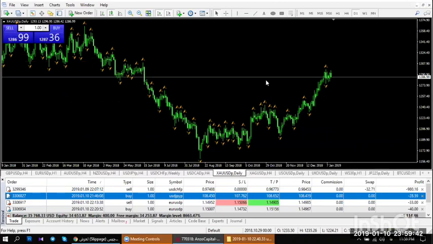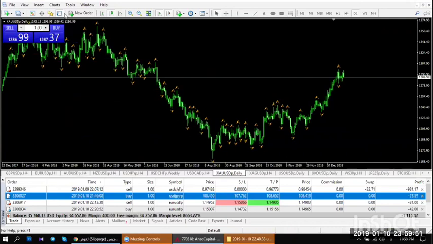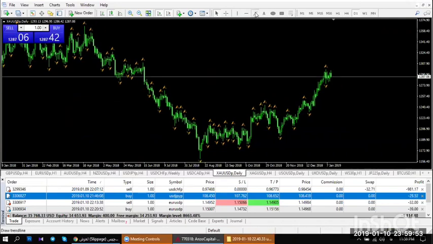So, Mr. Saleh, that was about your analysis. And this is the gold chart. Please start analyzing this. So, okay, if I want to draw the trend line, this is our trend line.